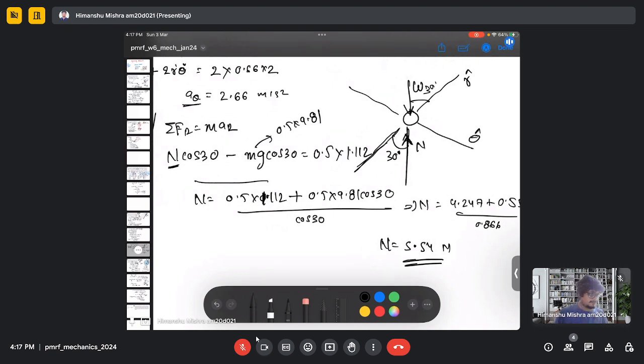So we need to calculate the force in the theta direction.